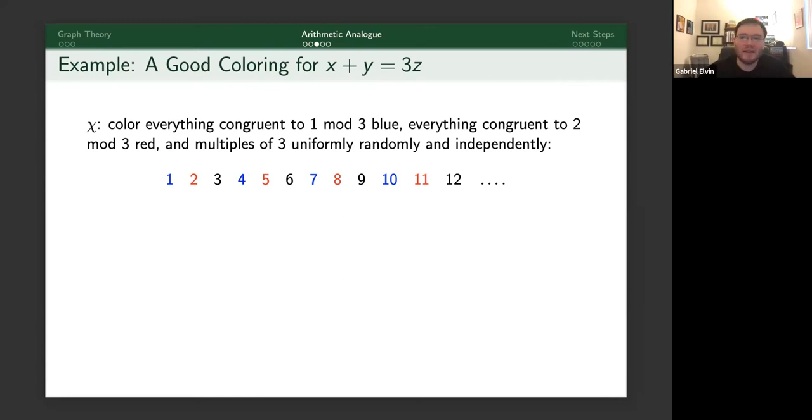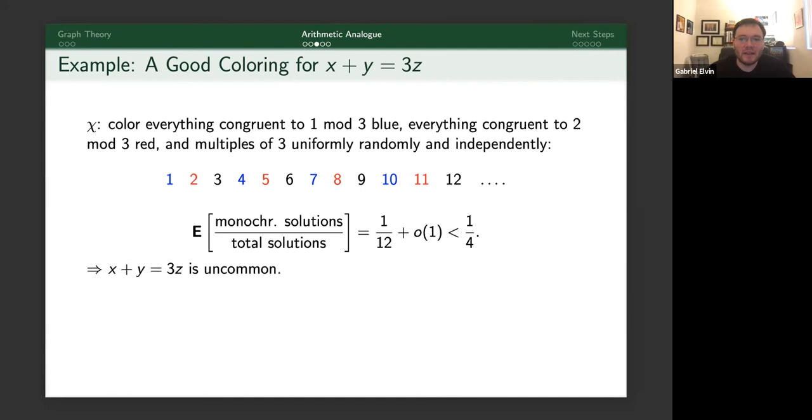Black being random 50-50. If you use this coloring, you can show that the proportion of monochromatic solutions to total solutions is 1/12. And remember, we're just trying to beat 1/4, which is what you would get from completely random. Of course, if a random coloring, like with the multiples of 3 being random, beats it, then there must exist an actual coloring that beats it, just by the pigeonhole principle.